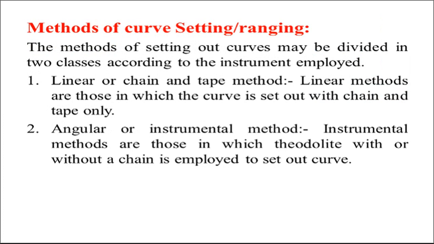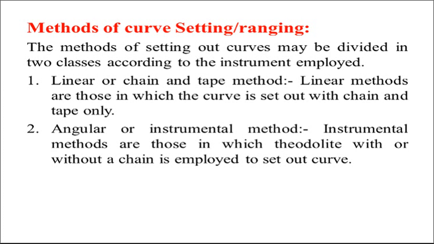Starting with methods of curve setting or curve ranging. The methods for setting out curves may be divided into two classes according to the instrument used. The first method is called the linear or chain and tape method, in which curves are set using chain and tape only.